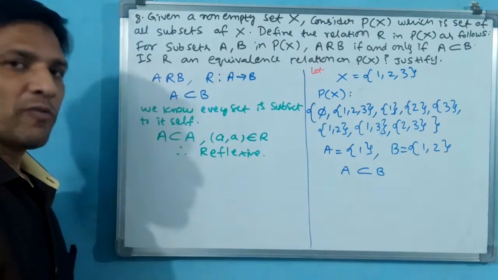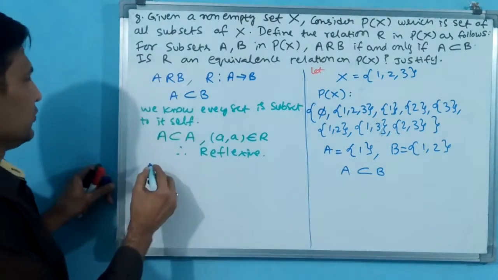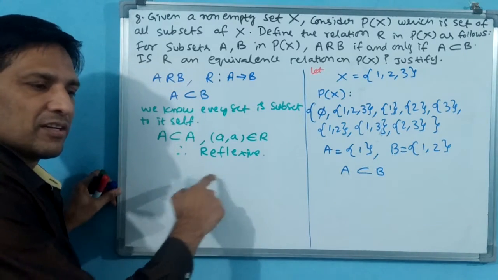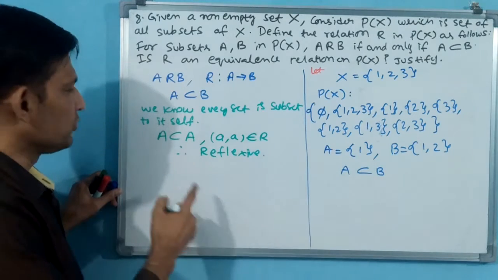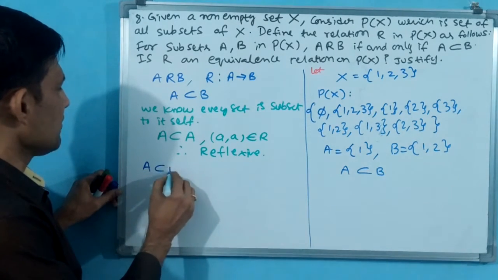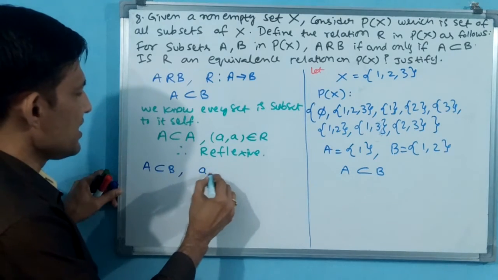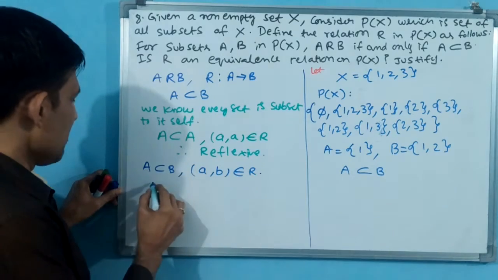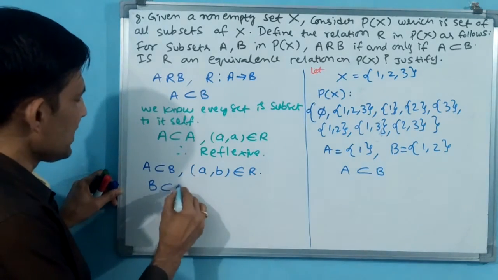Then you go for symmetric also. For symmetric, what should be there? (A, B) should be there, (B, C) also should be there. Now A is a subset of B. That means (A, B) belongs to R. But is B a subset of A?